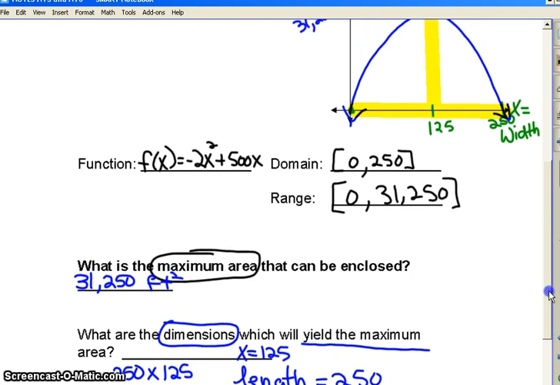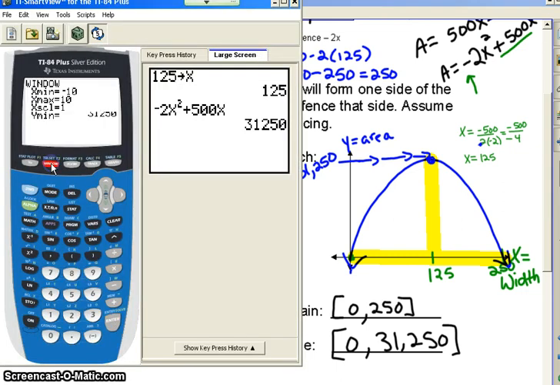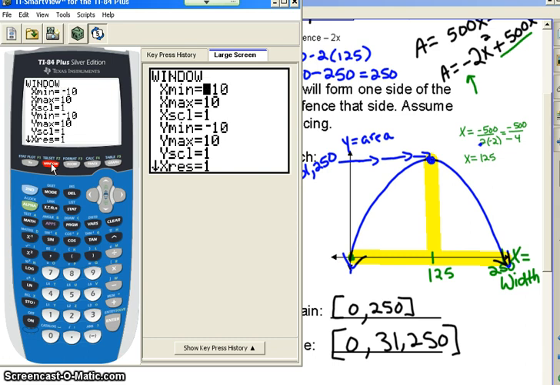Okay, and one thing to talk about too, if we're going to graph this, the window needs to go from 0 to 250 on the x-axis and 0 to 31,250 on the y-axis. So 0 to 250. And we're going to just erase that scale there.